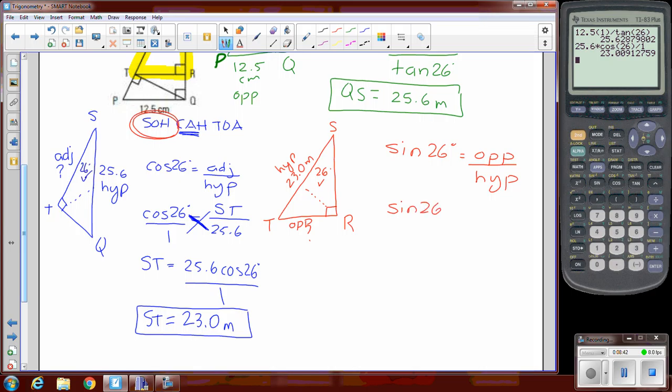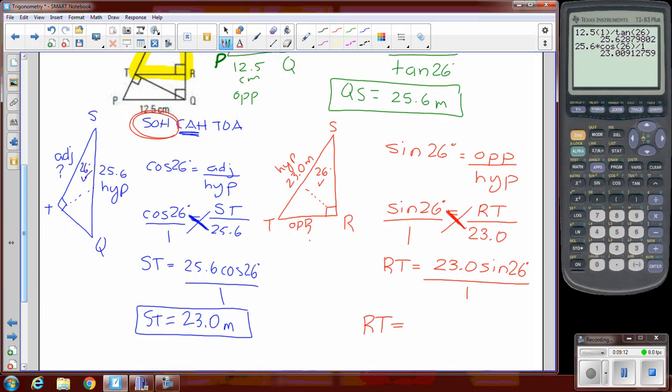The sine of 26 degrees, opposite, that's the thing I'm looking for, the question mark or RT. And the hypotenuse now is 23 meters. We have enough practice now doing this cross multiplication. We could draw this X and realize those are the two numbers that I'm going to multiply. So 23.0 multiplied by the sine of 26, all divided by 1.